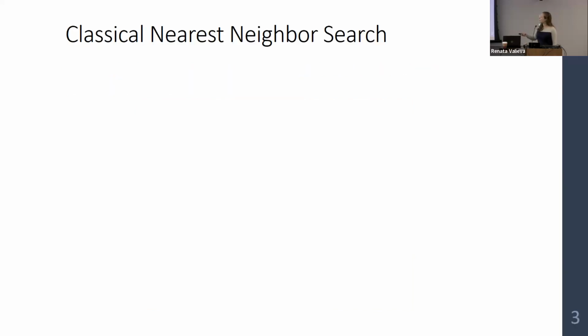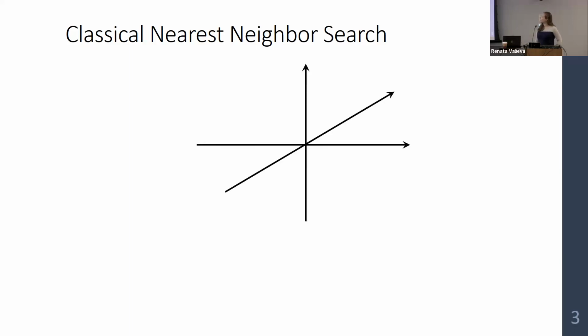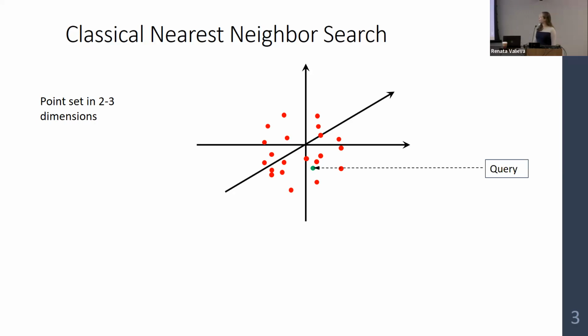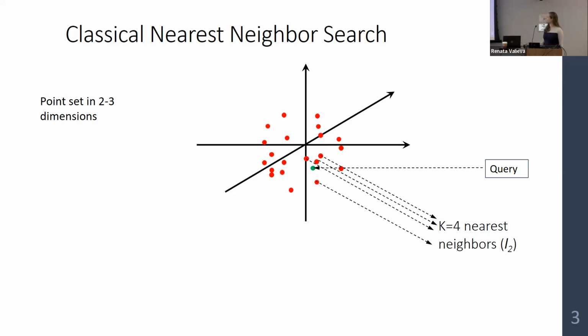So let's get started. Just some definitions to start off with. When we talk about classical nearest neighbor search, we typically have a point set in 2 or 3 dimensions, and a query point for which we want to find something like the 4 or 5 nearest neighbors. Here I'm talking about the L2 distance.